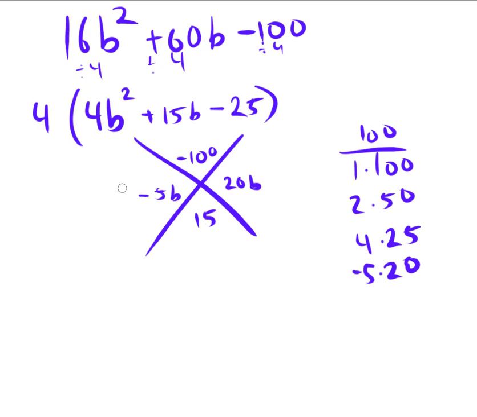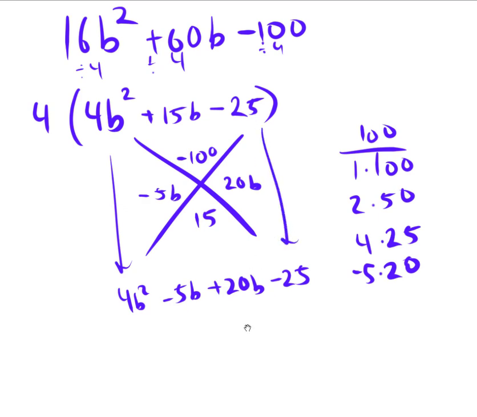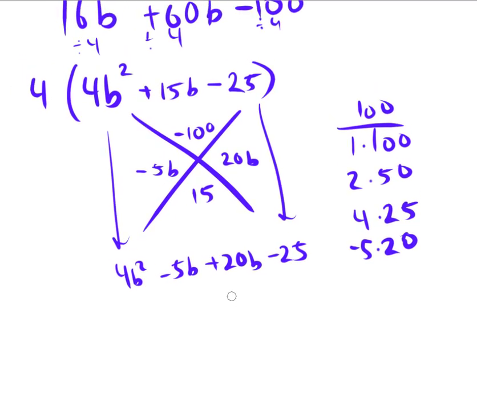And cool, now I can actually bring down this 4b squared minus 5b plus 20b minus 25. And if I do that, now I can see that I can group these together and group these together, and then I'm going to find the common factors.